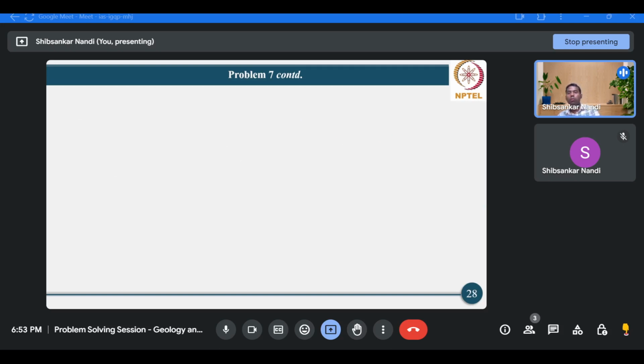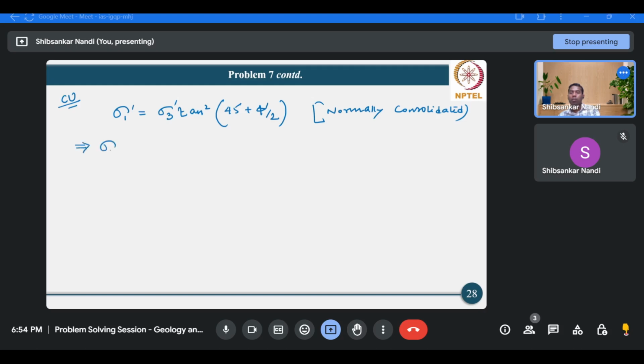Now we'll use this data for the CU test. Again we can write sigma 1 prime equals sigma 3 prime tan square of 45 plus phi prime by 2, this is for normally consolidated clay. Now sigma 1 prime we can write as sigma 1 minus u, and sigma 3 prime as sigma 3 minus u, because in this case sigma 1 prime and sigma 1 are not equal.